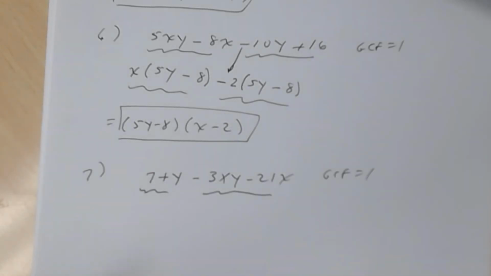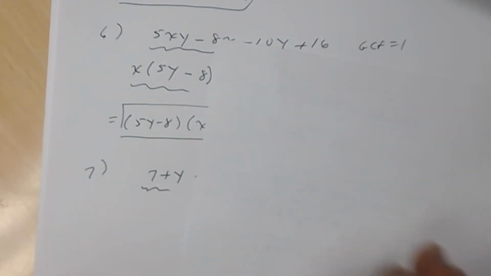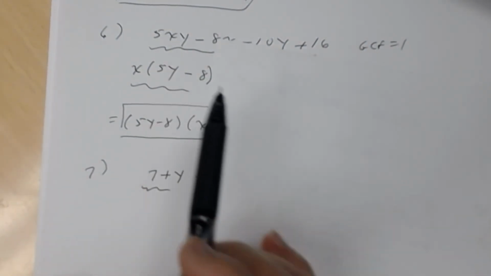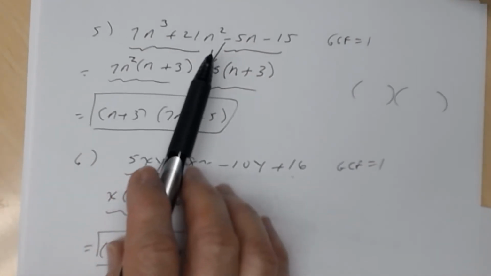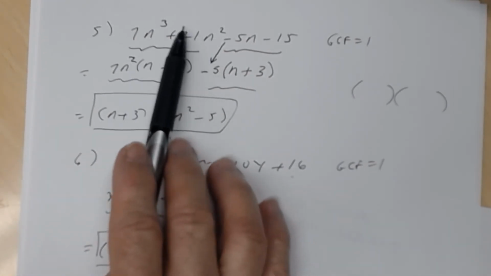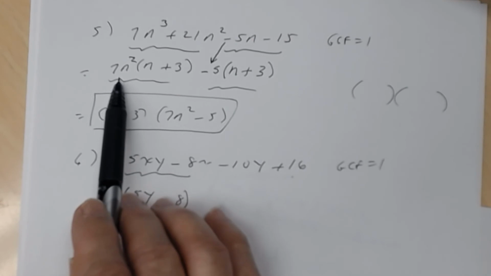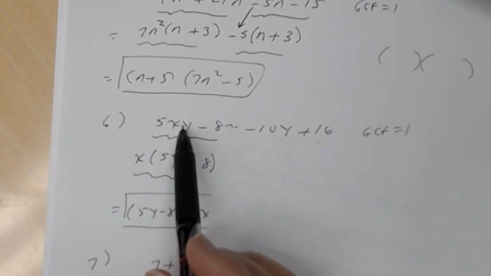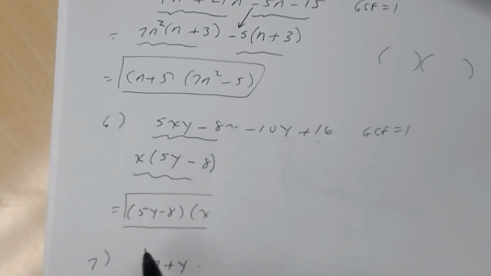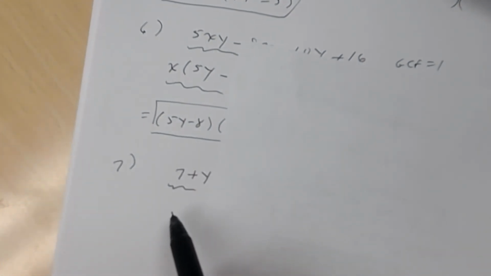Now, this one's a little bit different because if you look at the first group and all the problems we've done, if you go back to 1 through 6, there was a GCF other than 1. So see, when I looked at the first group, the GCF was 7n squared. When I looked at the first group, the GCF was x. There's always a GCF of a polynomial.